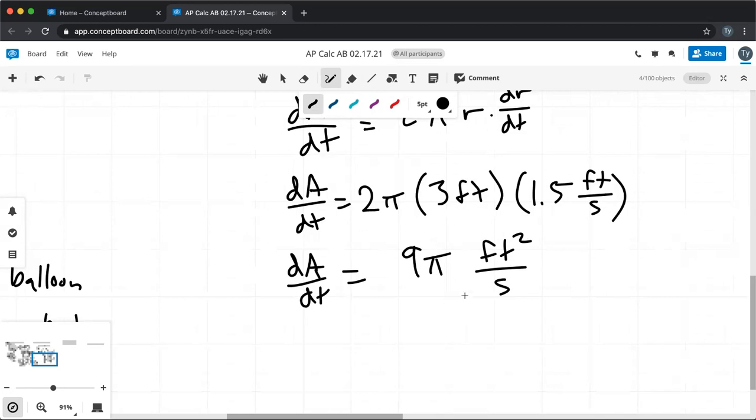But again, this is not the end of our problem. We need to reinterpret this solution within the context of the problem.